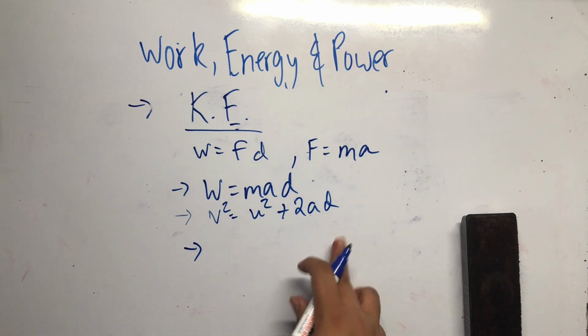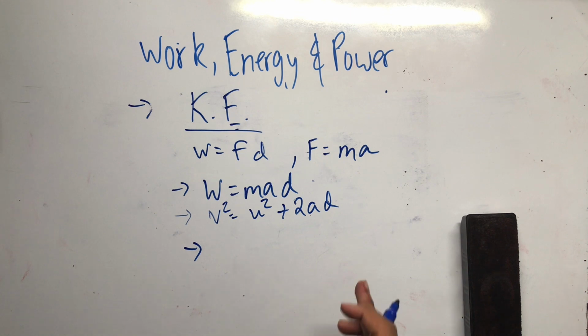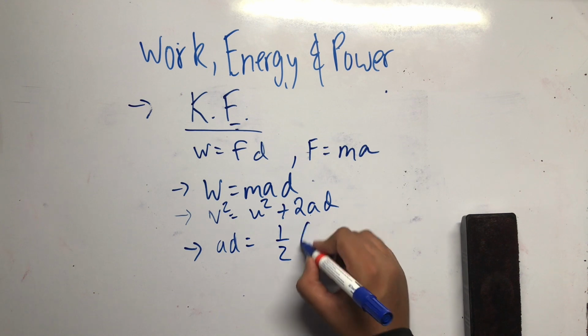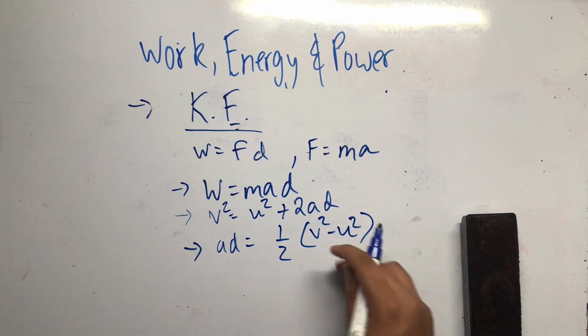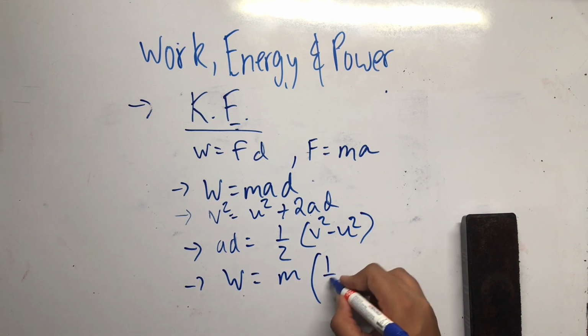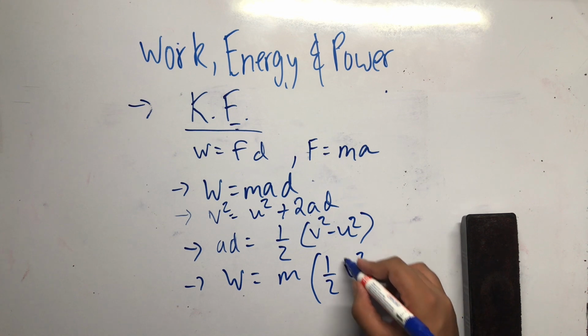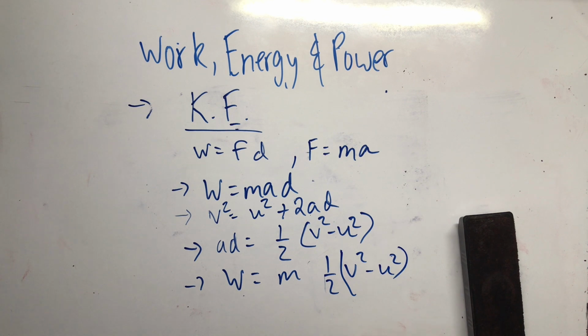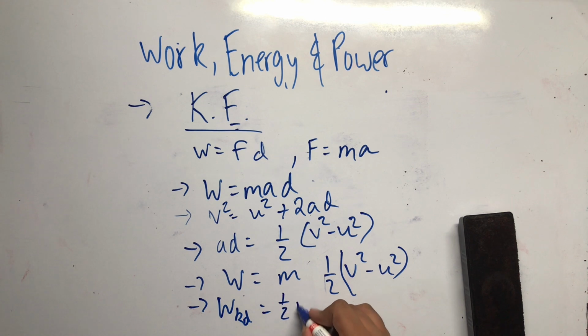So just substituting the ad value, so ad is equal to 1 upon 2 (v square minus u square), in this equation we get that work is equal to mass times 1 upon 2 (v square minus u square). And assuming that the initial velocity of the particular object is 0, we get that the kinetic energy, the work done, is equal to 1 upon 2 mass times the velocity squared.